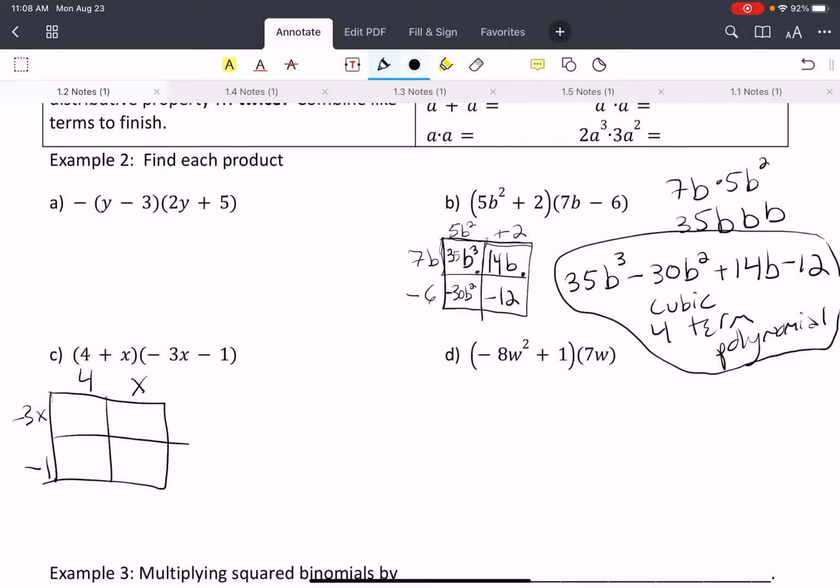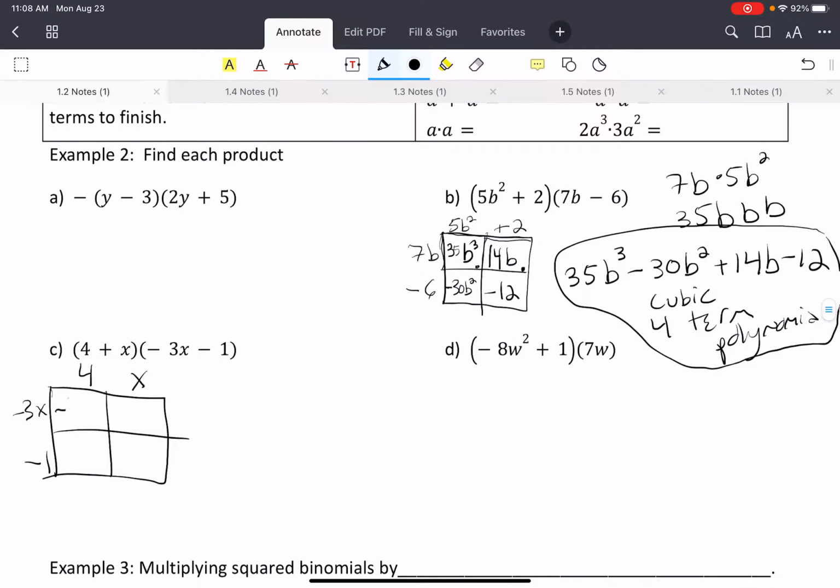Okay, guys, let's go ahead and finish it out. So negative 12x, negative 3x squared, negative 4, negative 1x. As you go through this, make sure you put your biggest exponent first, but sometimes I like to even cross them off as I go so I don't have to worry about it anymore.